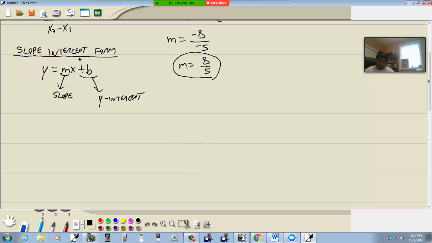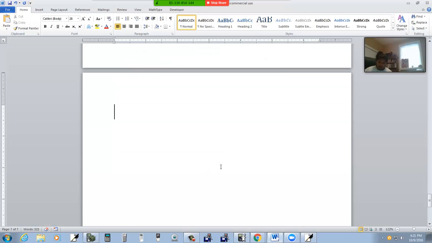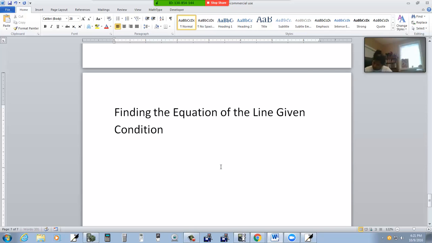Now we're going to be finding equations of the line and putting them in slope-intercept form. And these are given conditions. So, finding the equation of the line given conditions. Our first step is to find m.